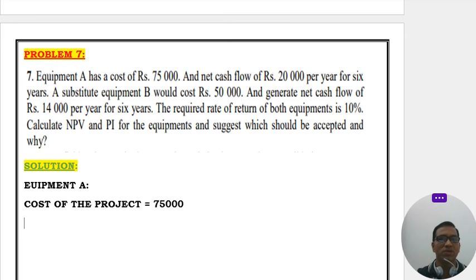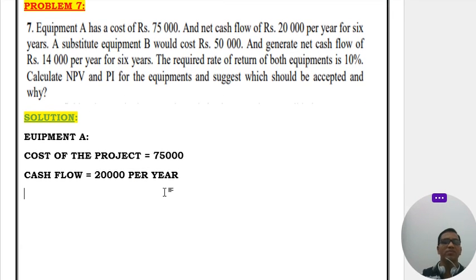What about cash flows? Net cash flows, yes, direct cash flows are given. How much? 20,000 per year. Every year same. So when every year is the same, no need to prepare a table and multiply every year, with first year value, second year value, no need.